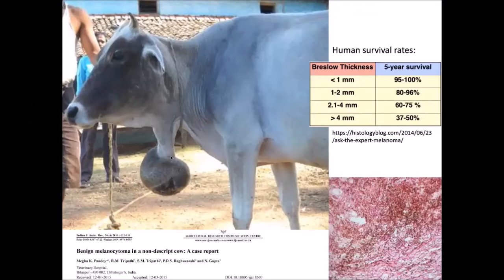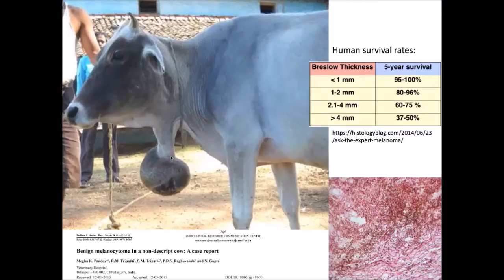In contrast, if you look at humans, already 4 millimeter thick melanocytomas reduce your survival rate to less than 50% on the 5-year scale. So there's clearly a quite substantial difference between species, let's say cows and humans, in how the progression of the cancer goes on.